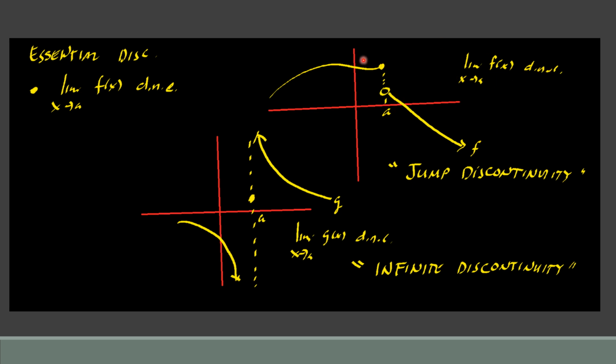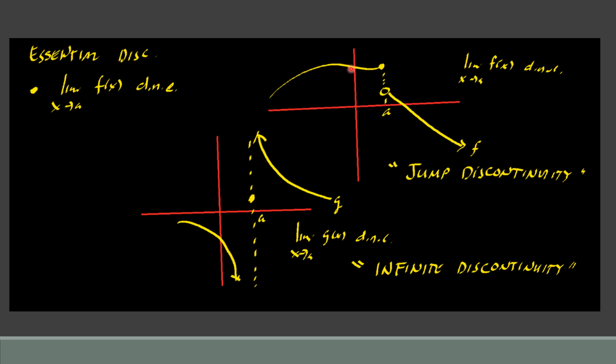Because the limit does not exist. It may have a function value, but if the limit does not exist, then automatically the discontinuity is an essential one. And to further classify the discontinuity here, we refer to this type of discontinuity as a jump discontinuity.